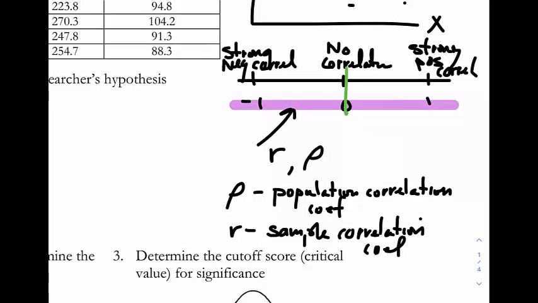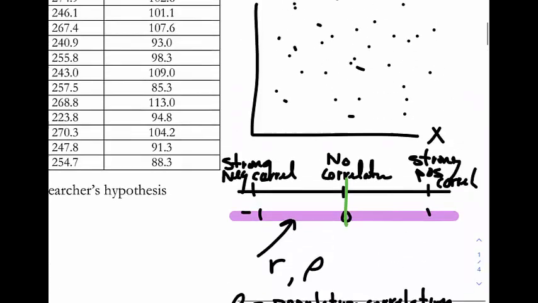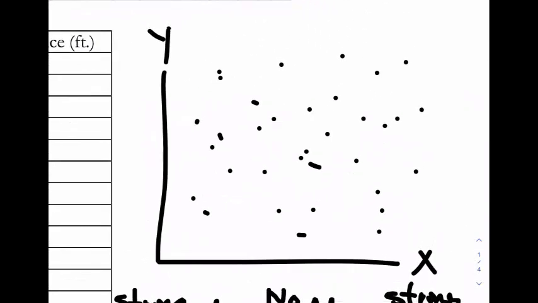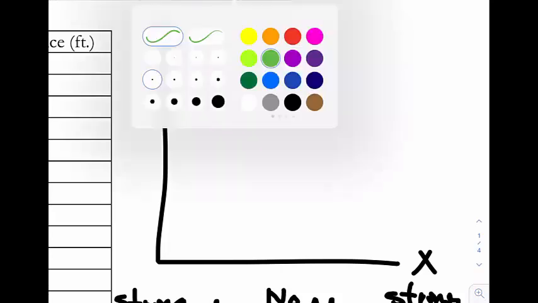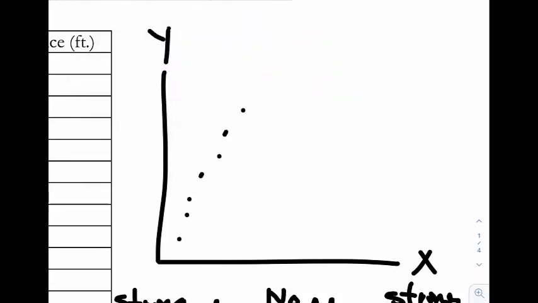So R and rho give us the ability to tell if we have a correlation without specifically just looking at the graph. Because certainly, if you're looking at a scatter plot that looks like this, you may want to say that you probably don't have any type of correlation. But suppose, when we're talking about nonlinear, that you could have something that has some sort of pattern. It's just not linear.